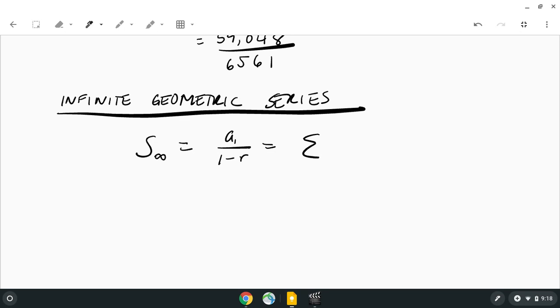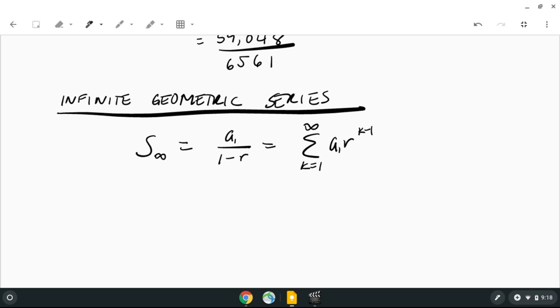Instead you'll start from the first term and go all the way to infinity. That's what you would see when they're asking you to find the sum of an infinite geometric series. And over here you'll still have your sequence function, a1 times r to the k minus 1.